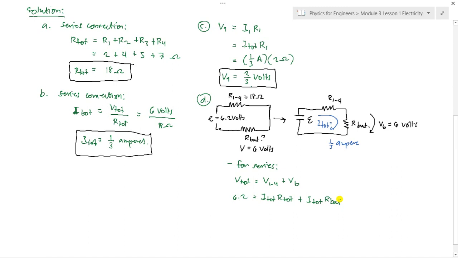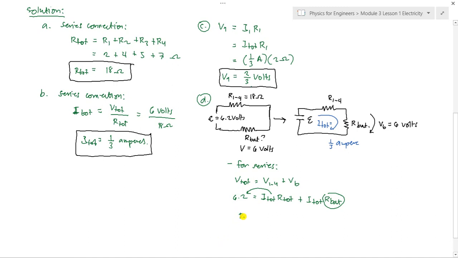Okay, and here, we're going to solve for the resistance of the battery. So we transpose on the other side, and then solve for the resistance of the battery.